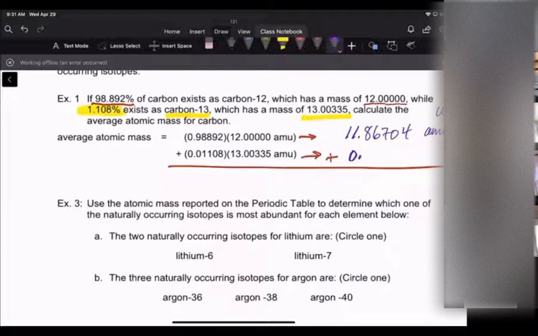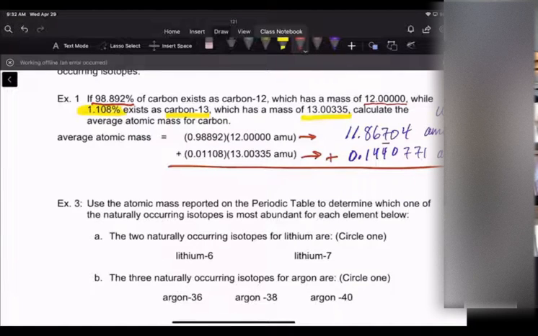Line up your decimal places. And let's take a look at our significant figures. First, we have to do the multiplication. This one has 5 significant figures. This one has 7 significant figures. So counting from the left, 1, 2, 3, 4, 5.